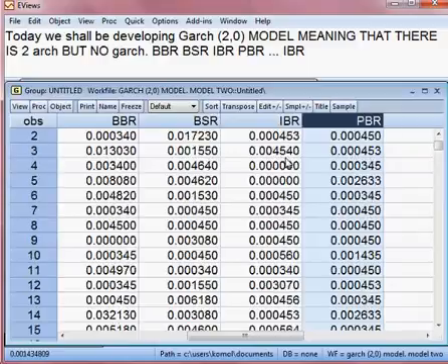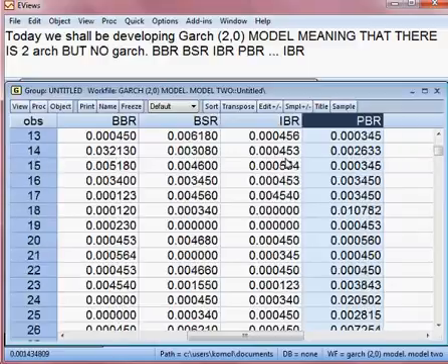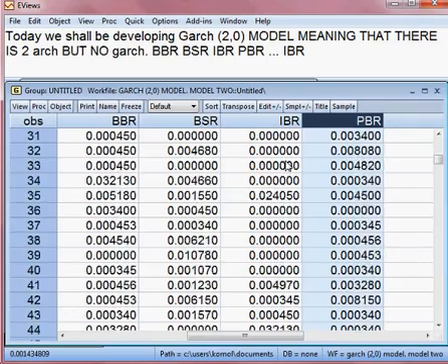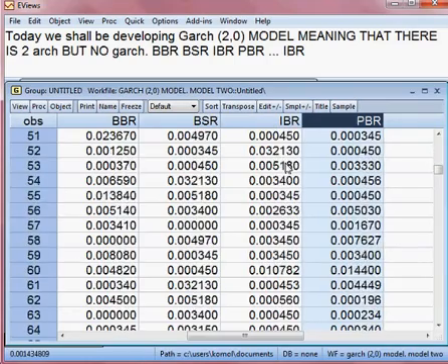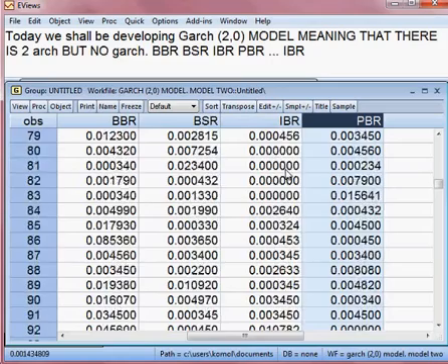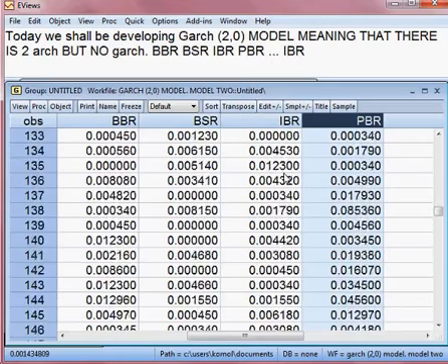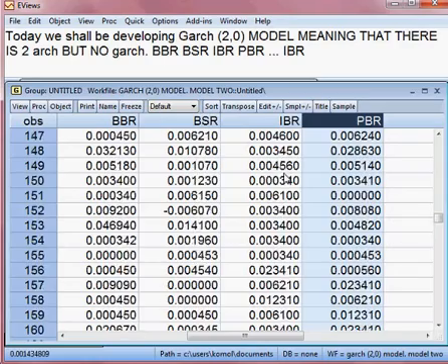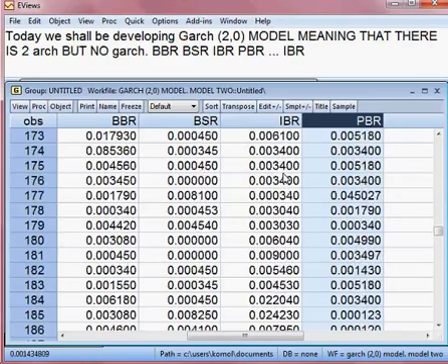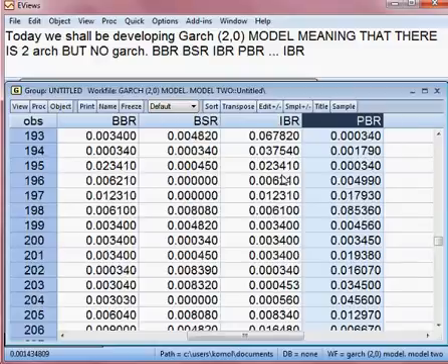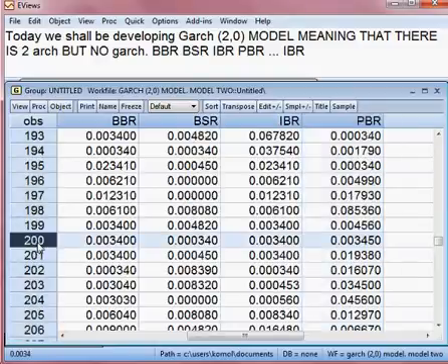I go down, so until this point, that is our sample size: 200 days of data of these four return variables.